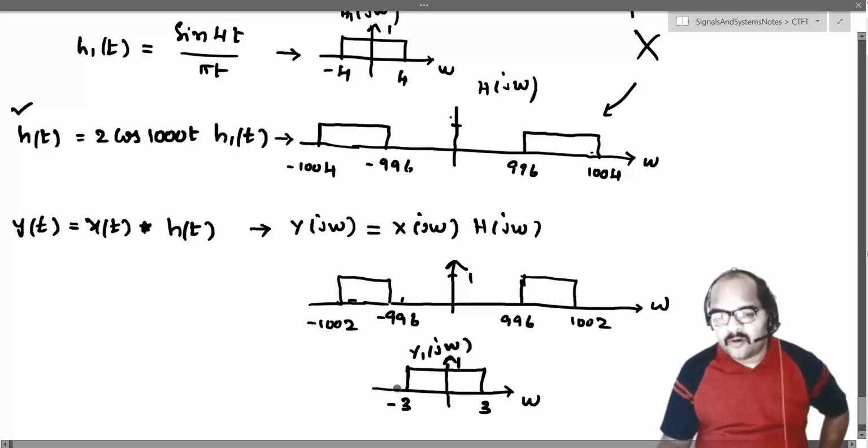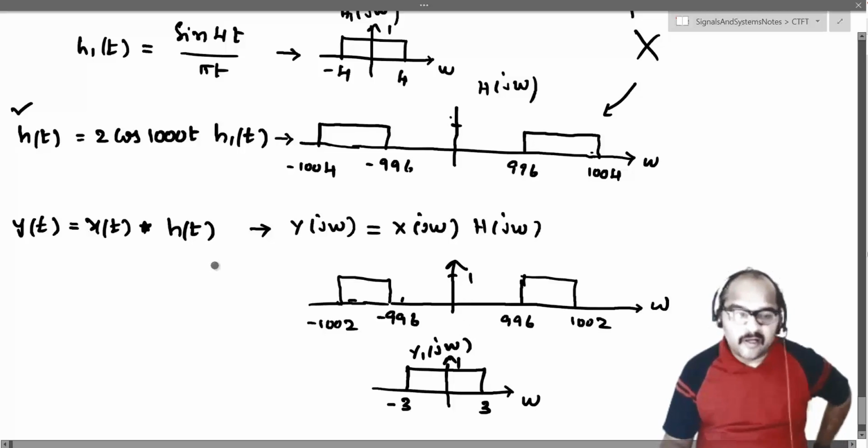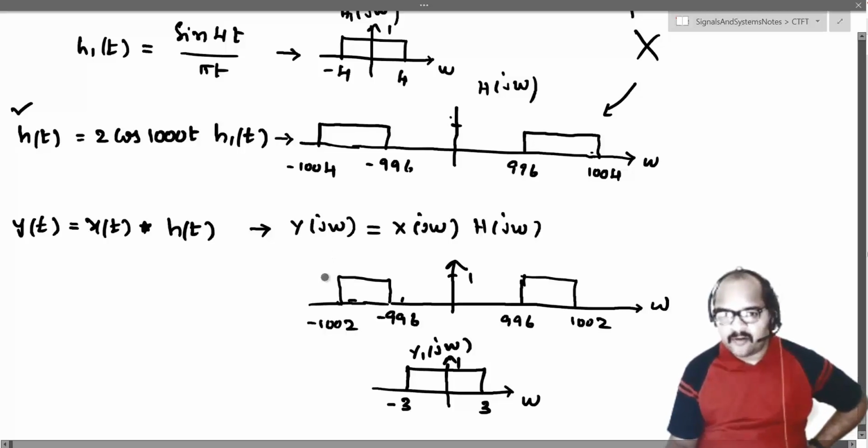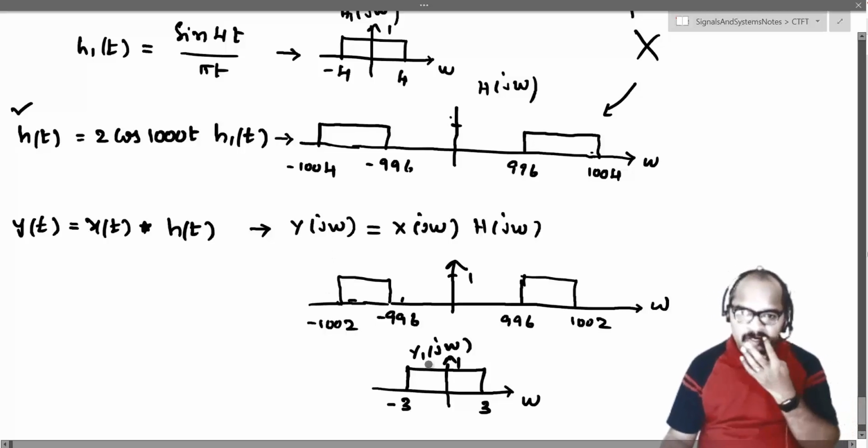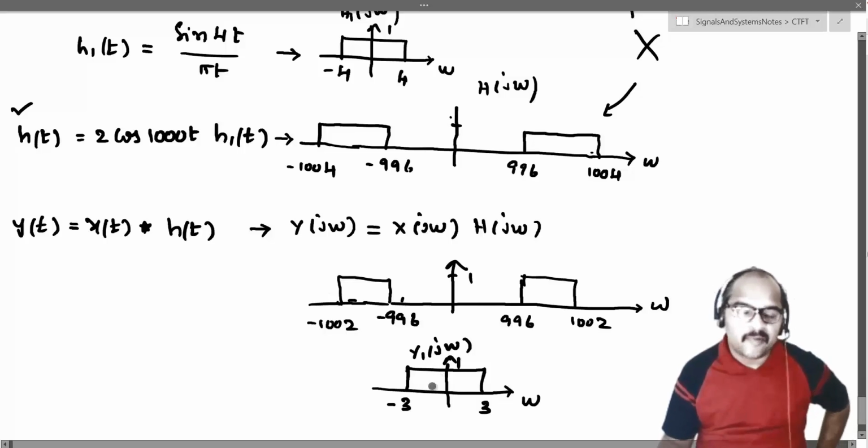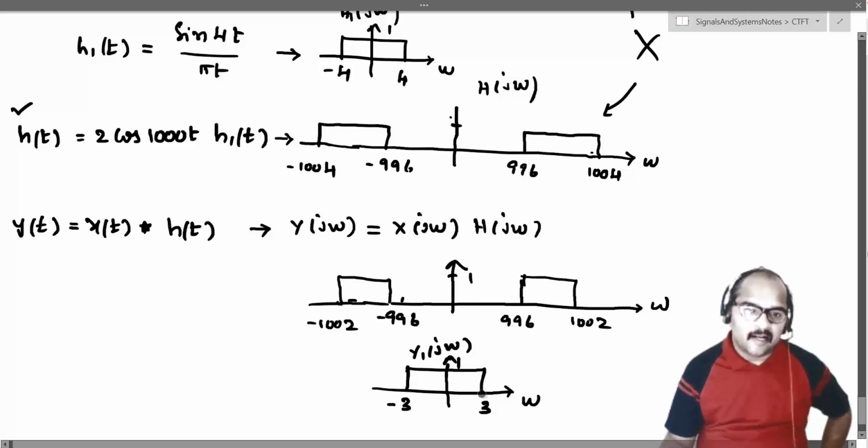Correct. So how does this look? We want y of t whose Fourier transform is Y of j omega, which is given like this. If you look at this a little bit carefully, what do you see? You see that our Y of j omega is nothing but Y1 of j omega shifted to the left and right by 999 units.